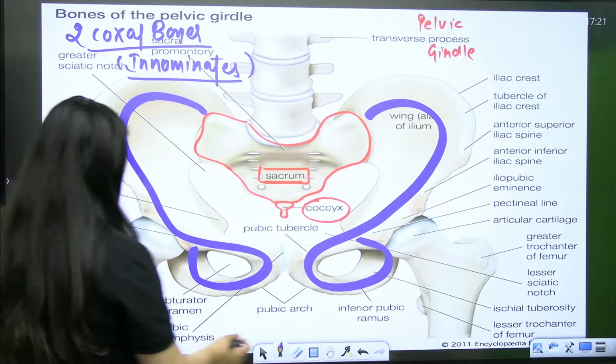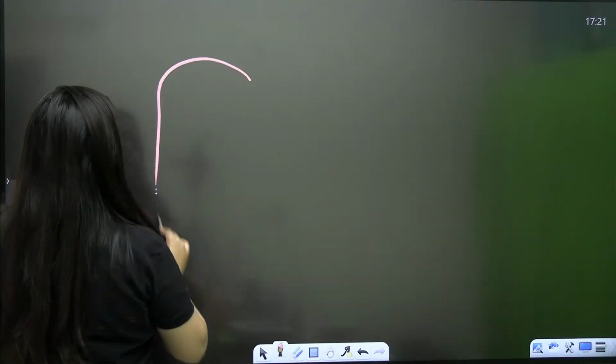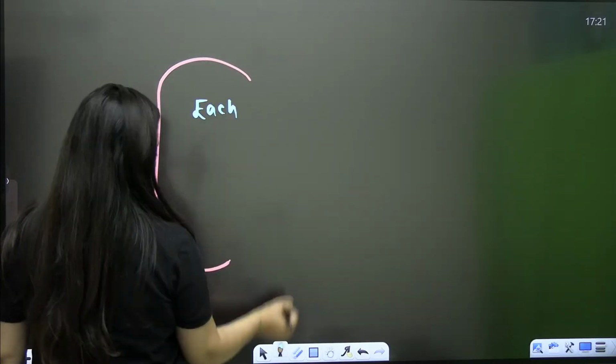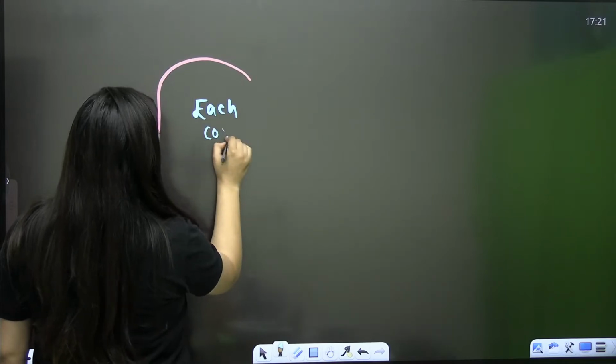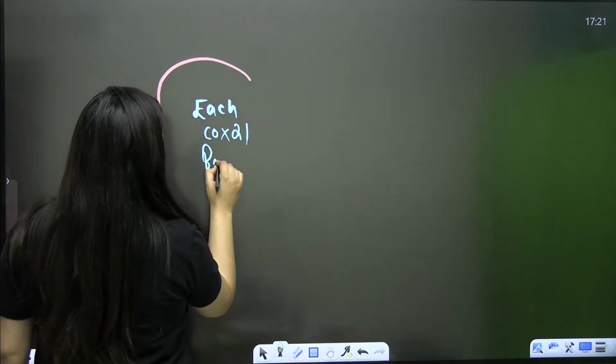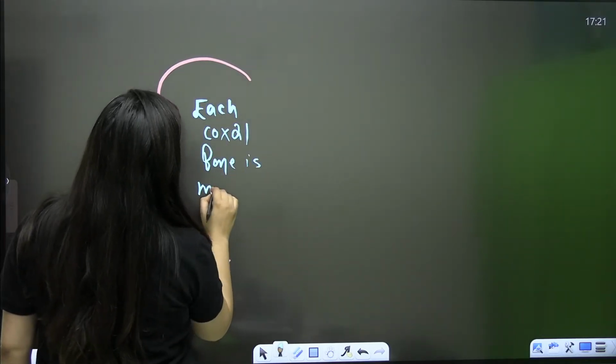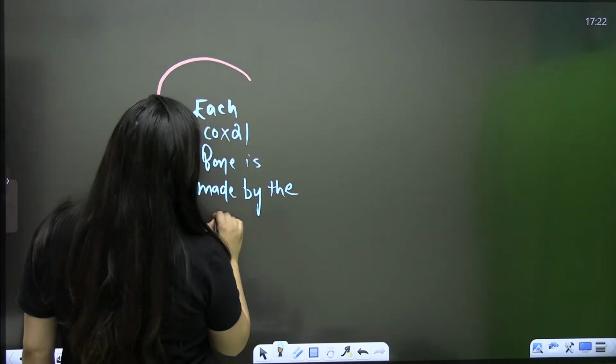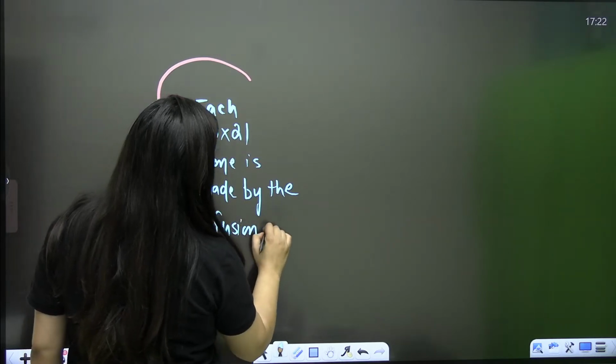Each coxal bone is made by the fusion of 3 bones.